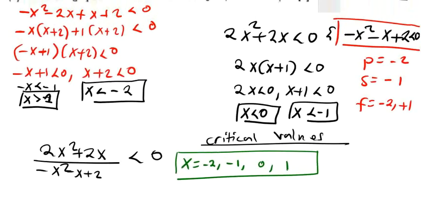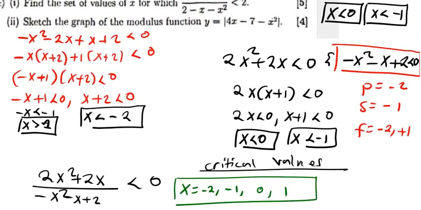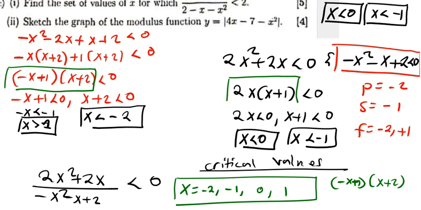I think it's better for me to create space on top here. But I don't want to delete this part because I'm going to use this. So I'm going to use negative x plus 1 and x plus 2 in the brackets, and also this part, which is 2x open brackets x plus 1.